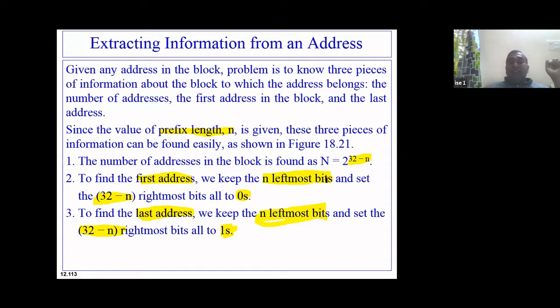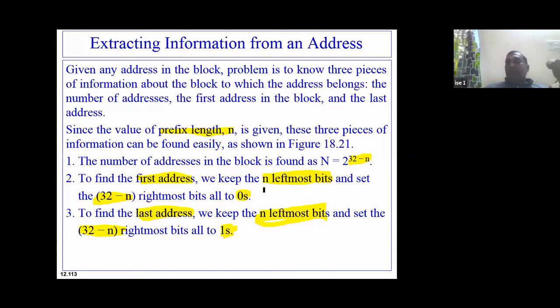Whether I want to find the first address or the last address, these leftmost n bits I'm not touching. N bits can be 2 bits, 8 bits, 16 bits, any number of bits.